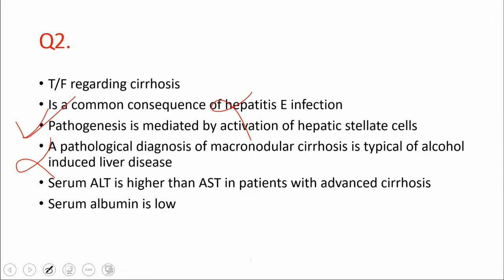And the most useful investigation is an ultrasound scan of the abdomen, right? Where you can see this coarse hepatic architecture, where you can see features of portal hypertension very clearly, right? So the ultrasound scan has become a gold standard as a supporting investigation of choice.